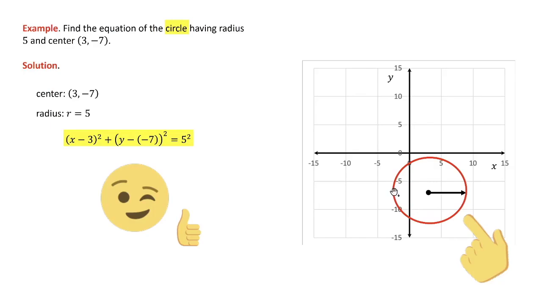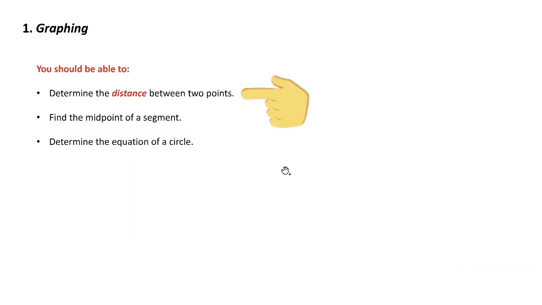Well, you could find the center by taking the midpoint between those 2 points. That would give you your center. And then you could use the distance formula, which we just did, between the center and your point on the circle. So there's a lot of variations for this. You'll see them in the homework and stuff. So just, again, look at the picture. You always have to have a center. You always have to have a radius.